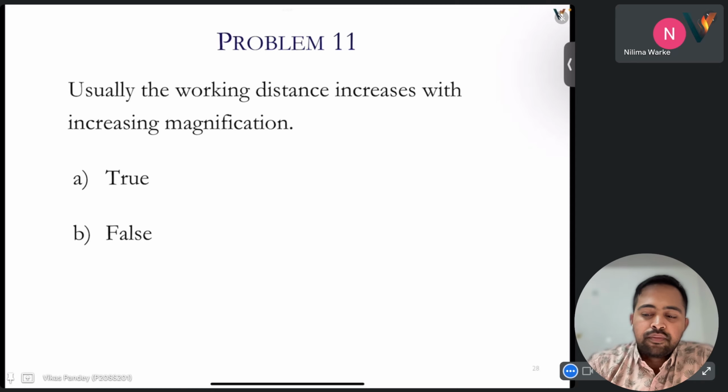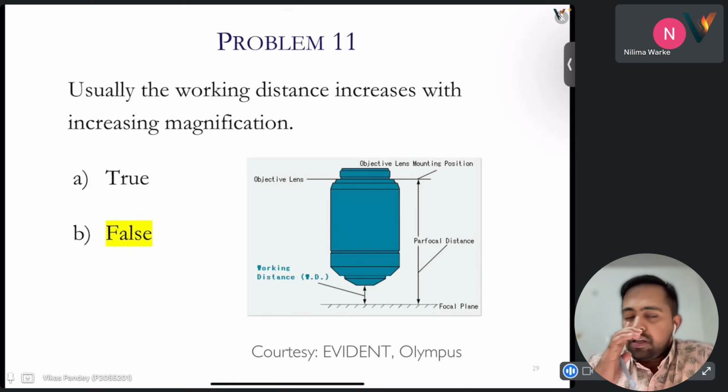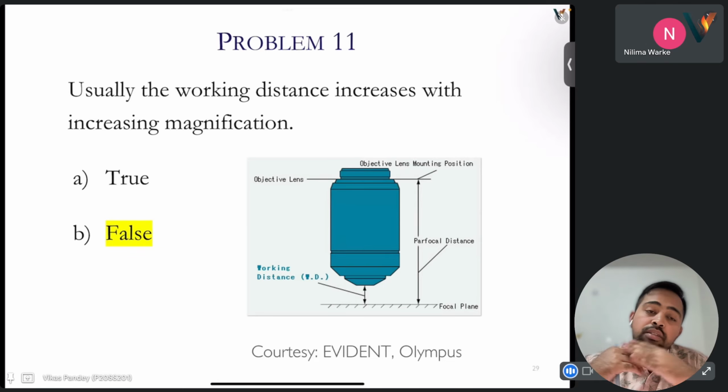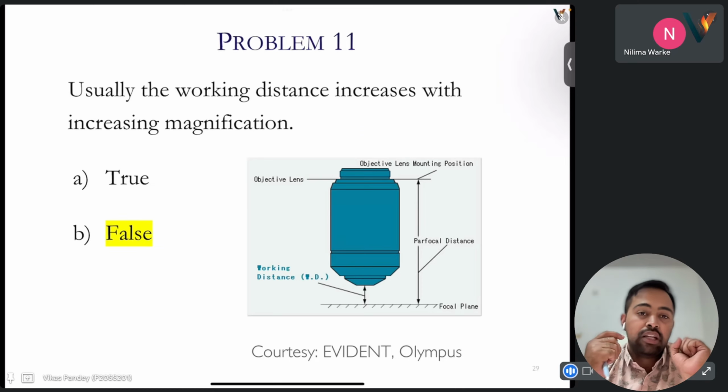Okay. It is false, right? Like, the working distance does not increase with magnification, but it decreases.